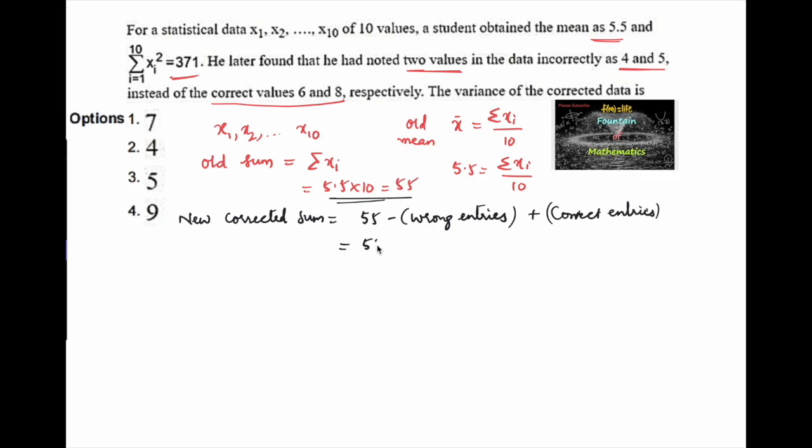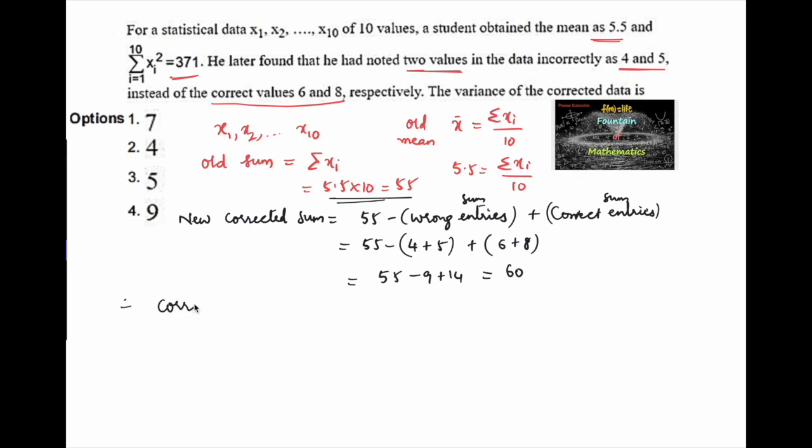So 55 minus the wrong entries 4 plus 5, plus the correct entries 6 and 8. So 55 minus 9 plus 14, which is 60.